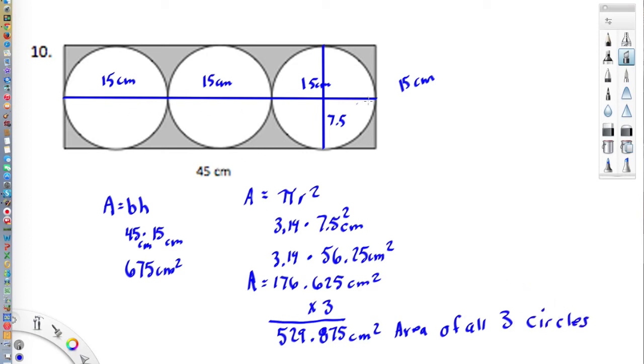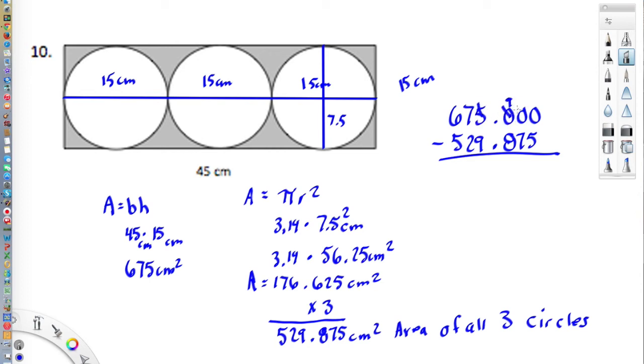Now I can subtract that from the area of my rectangle. My rectangle is 675 minus 529 and 875 thousandths. I'm going to have to do some major regrouping here.